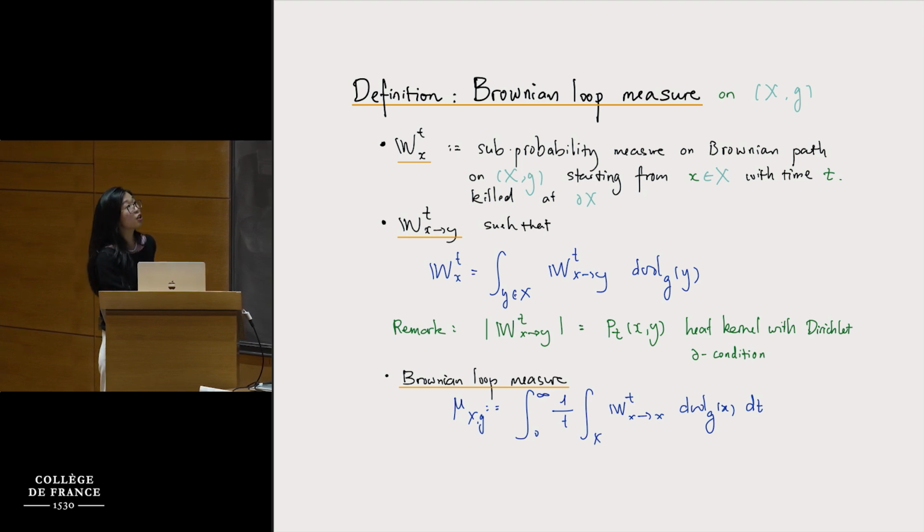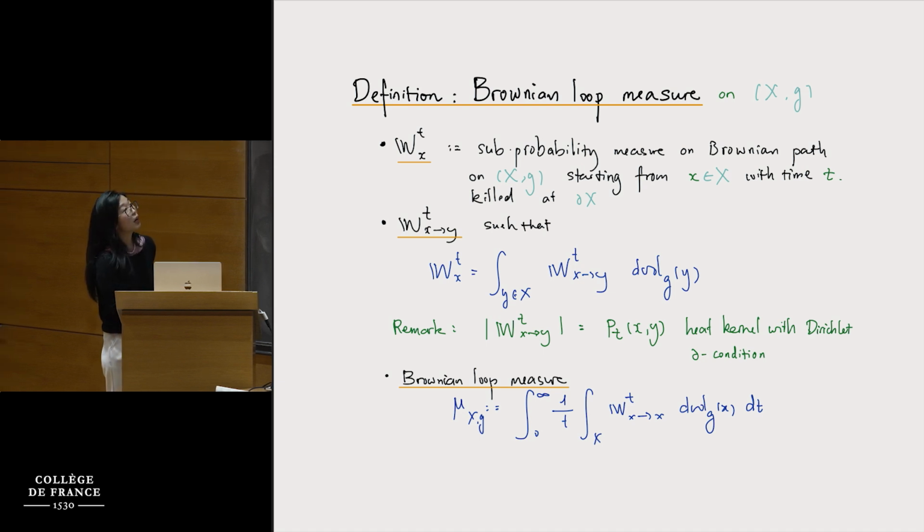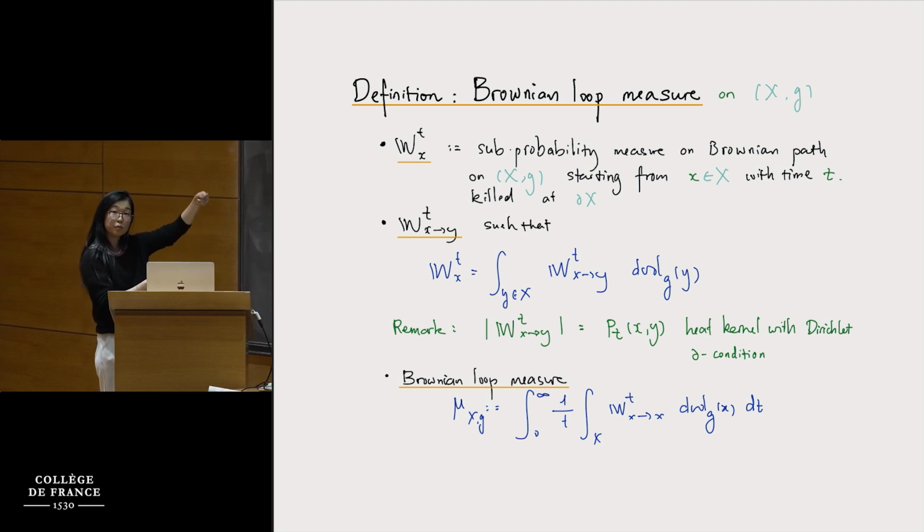So now I ask the starting point and end point to be the same, so I get a measure on loops. And why I divide by t is, you can think of this as a bigger loop. There is a much larger chance to sample a big loop because the same loop can be obtained by starting from a different point. So when I divide by t, it's kind of penalizing big loops, but also promoting small loops.